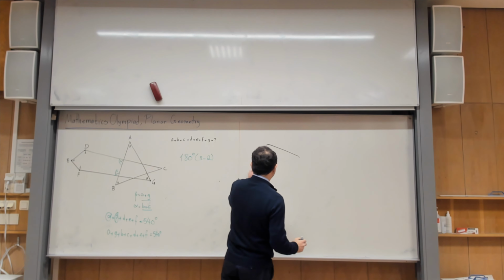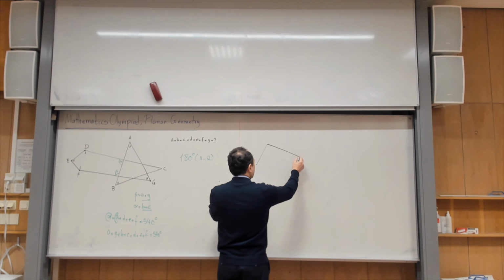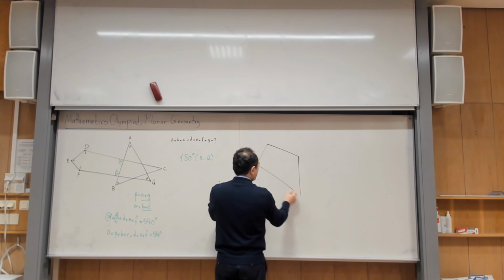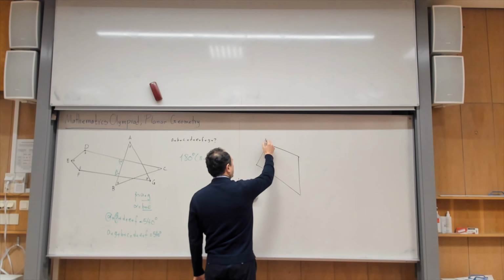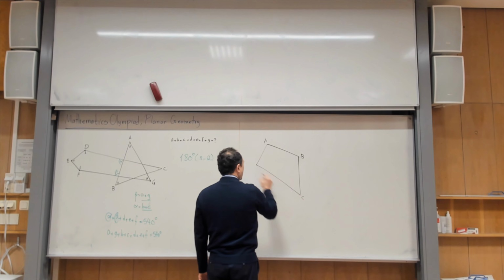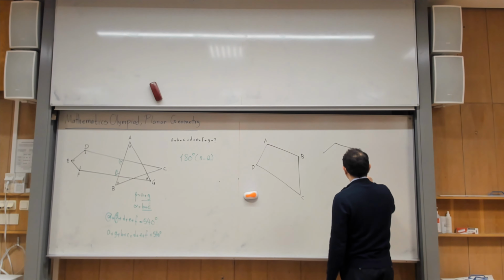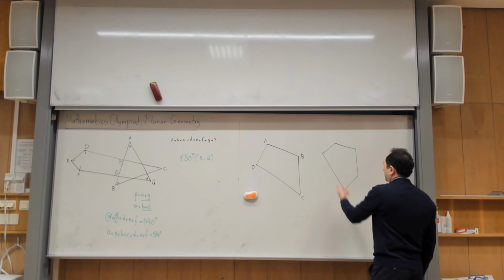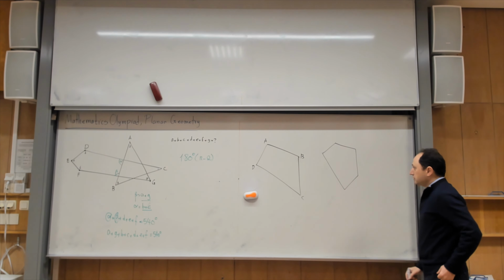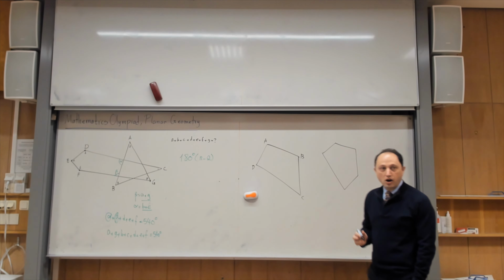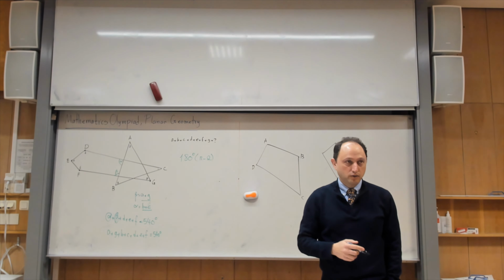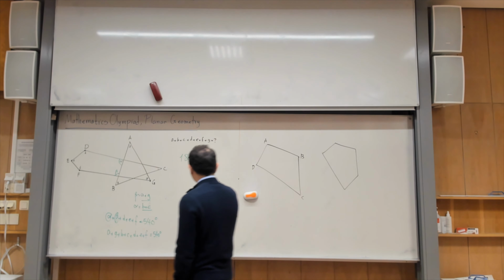This seems like a trapezoid, but you can probably draw something like this. This is a quadrilateral, yes? If I ask you to draw a pentagon, you might draw something like that. 1, 2, 3, 4, and 5. So that's a pentagon. But of course, these are called convex shapes. Okay, but what do I mean by convex?